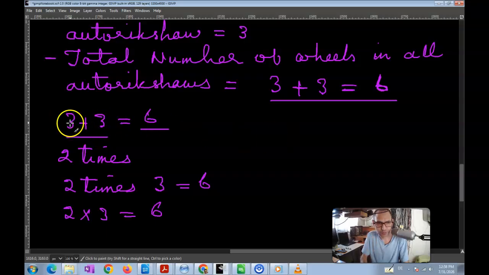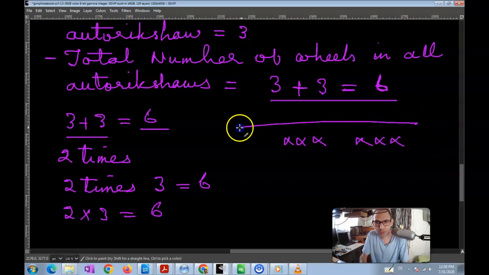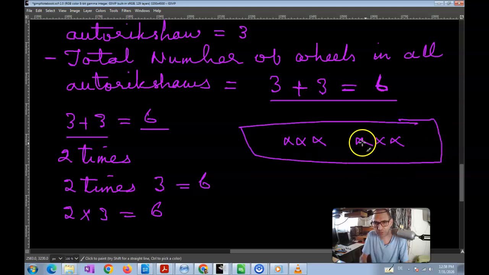Of course, 3 plus 3 you can calculate using any strategy. For example, we have 3 pebbles here and 3 pebbles here for the first and the second auto rickshaw. Then I put them together, then I count 1, 2, 3, 4, 5, 6, and so 3 plus 3 is equal to 6, and so 2 times 3 is equal to 6, right?